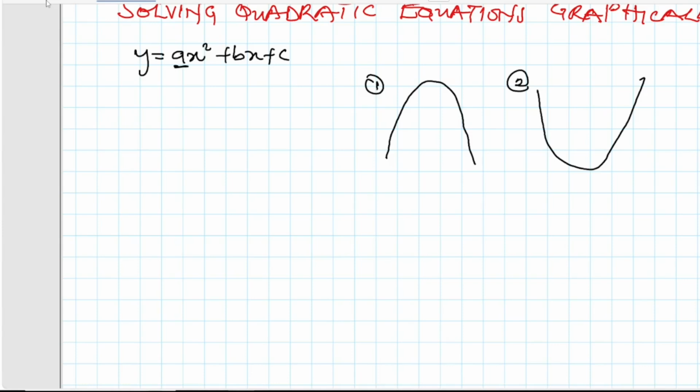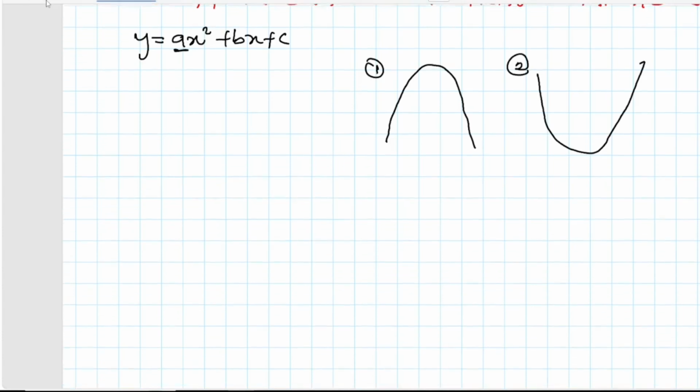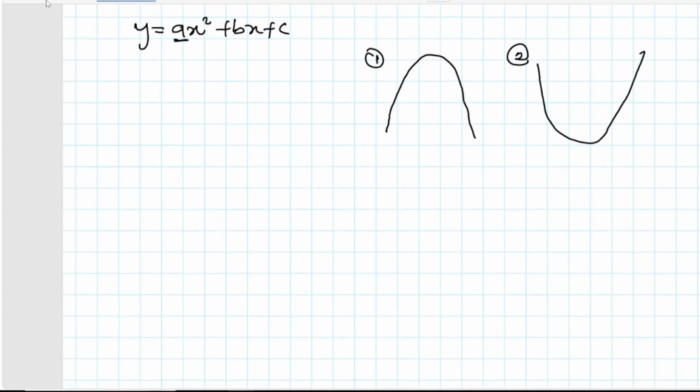If the coefficient of x squared in the quadratic equation whose curve we are sketching is less than 0 or is negative, that's if a is negative, then you're going to have this curve, and we call it a maximum curve.